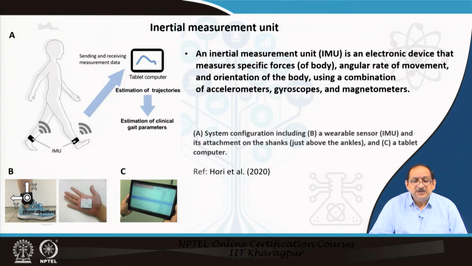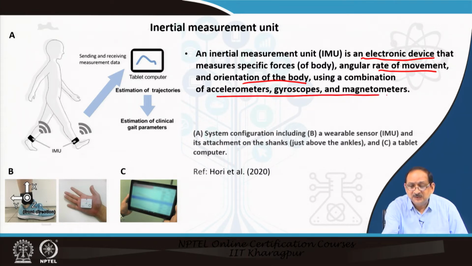The inertial measurement unit is an electronic device that measures specific forces of the body, angular rate of movement and orientation of the body using a combination of accelerometers, gyroscopes and magnetometers.